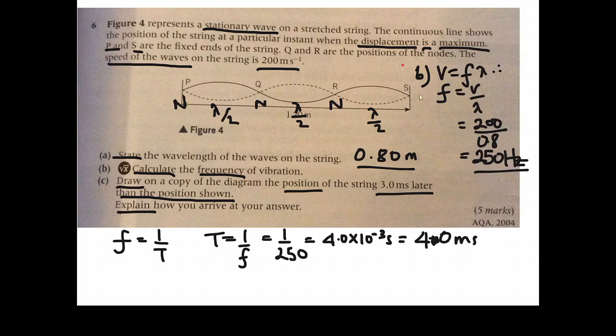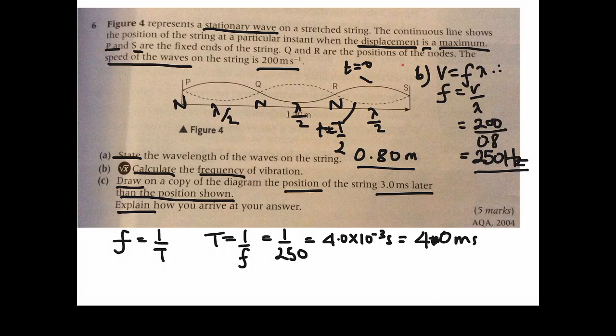So it takes 4 milliseconds to go from that bold shape into the dotted shape and then back to that bold shape, in other words, to return back to this original snapshot we have. To go from the bold line into the dotted line will be half a time period. If I start my clock at time equals 0, I'll achieve this shape in a time that is half the time period, which is T equals T over 2.